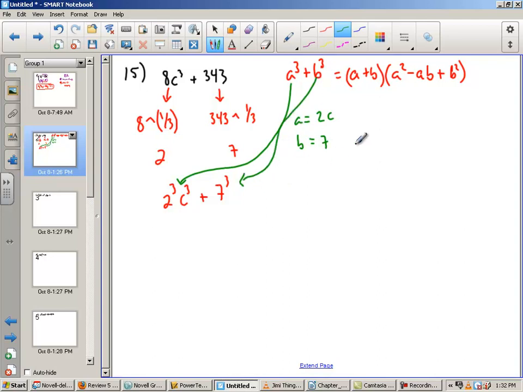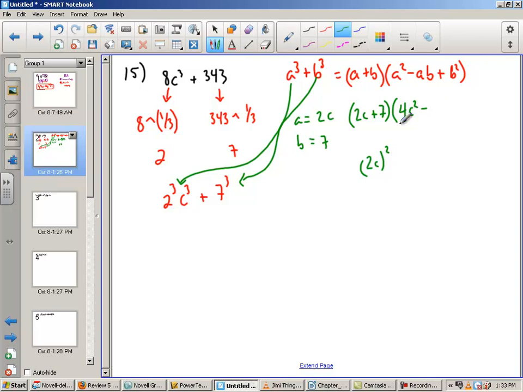Now my lines intersect, you can't tell which is which. But these are my values. That means I would have 2c plus 7 times 2c squared is 4c squared. You can keep track of that, 2c squared.